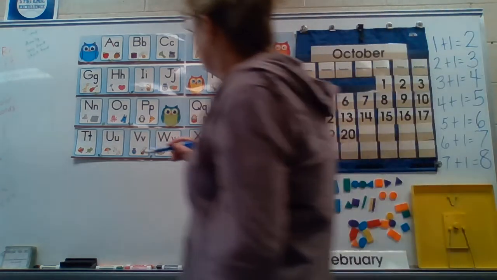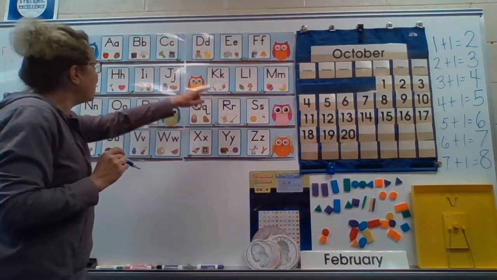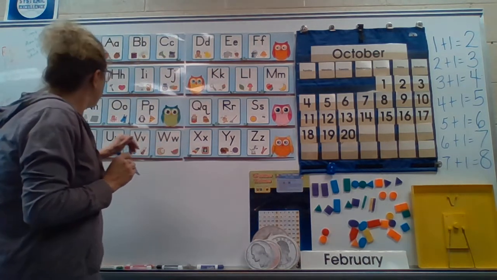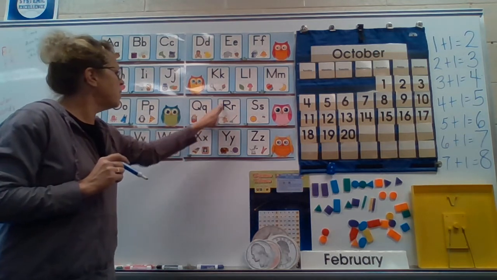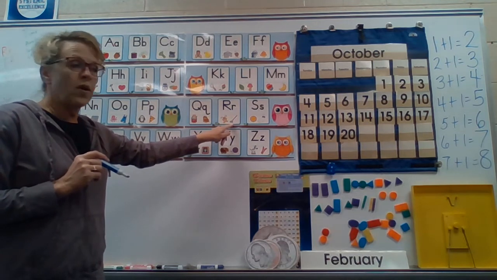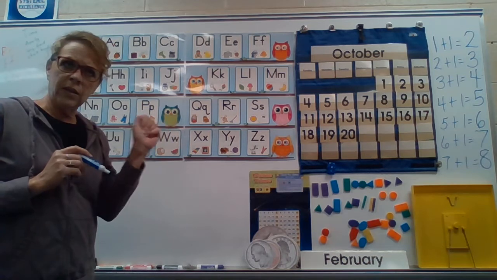Now, this week we talked about the letters R, F, and O. So on my card here, there's a picture of a rabbit and a rake for R. What else starts with R?